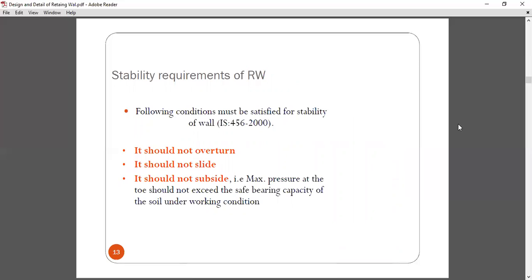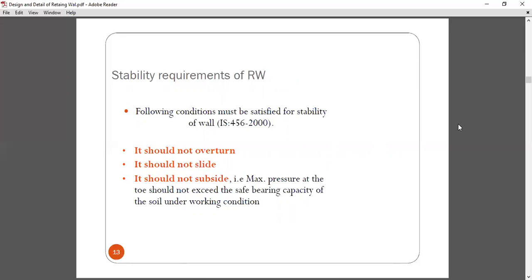Stability requirement for retaining wall. We need to carry out some checks. Stability is one of these checks. The following conditions must be satisfied for stability of the wall as per IS 456-2000. It should not overturn, it should not slide, it should not subside.